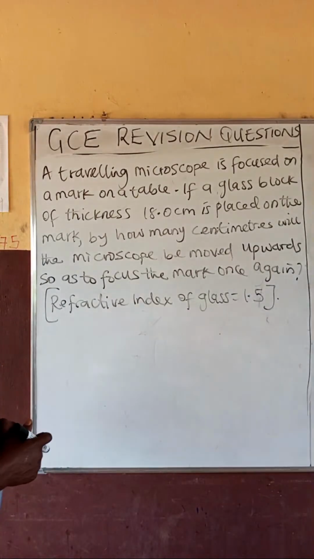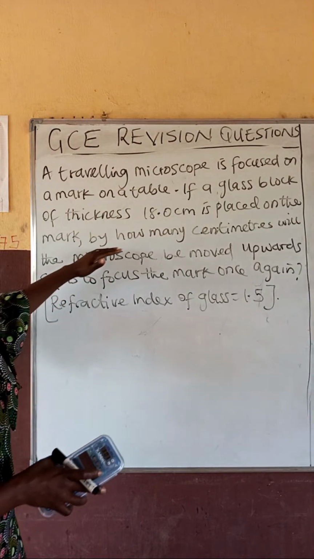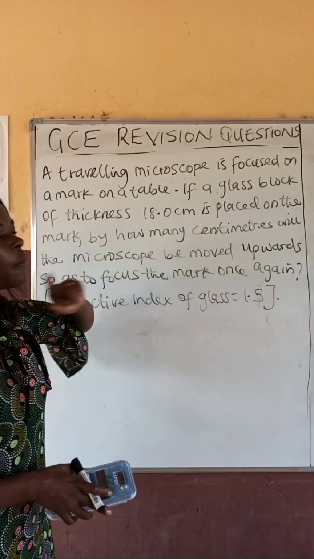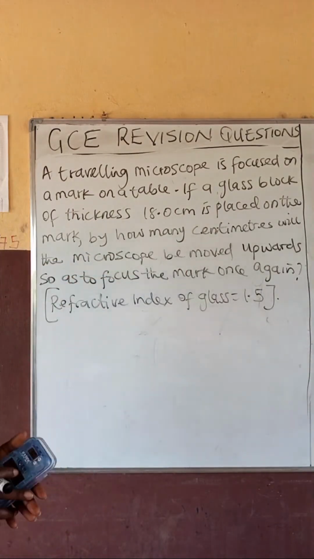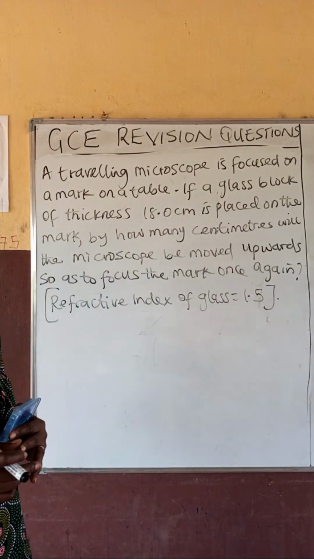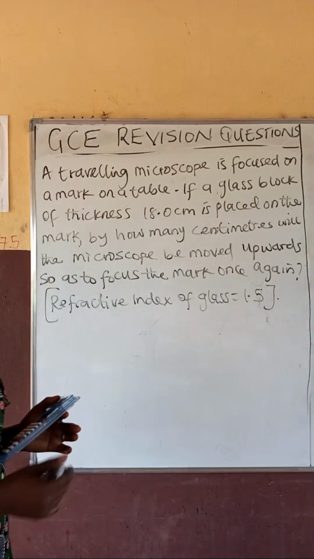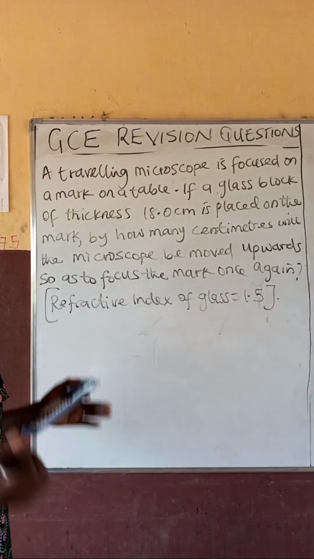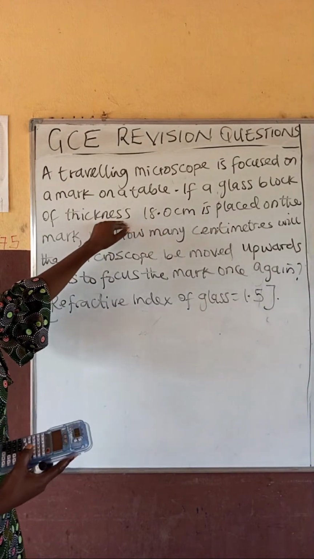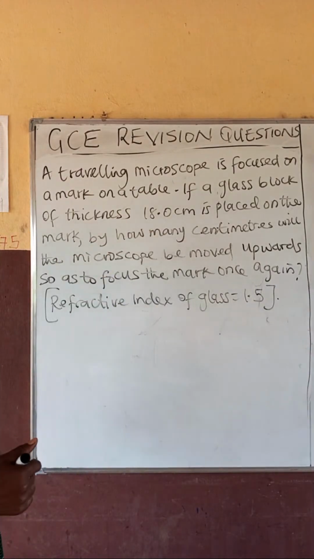1.5. Now what are we looking for? By how many centimeters will the microscope be moved upward? That is upward displacement, or lateral displacement, or actual displacement. So we are looking for either of them. So the real depth, which is the thickness, happens to be 18.0 centimeter.